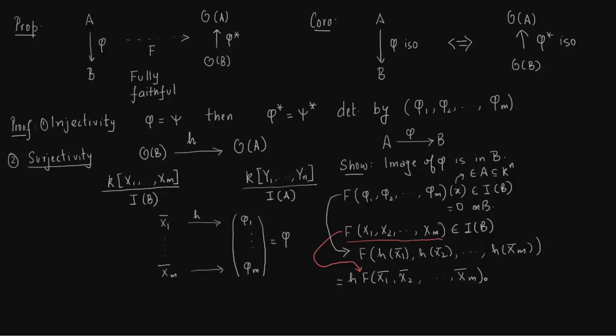Because it lay in the ideal of p, you modulo it out by the ideal of p, you have to get 0. So let me write this clearly. This is nothing but the image of this thing in O of p. But f(x1, x2, all the way to xm) lies in the ideal of p. So this vanishes in OB, and therefore it is 0 on the set B. And that is the end of the story.